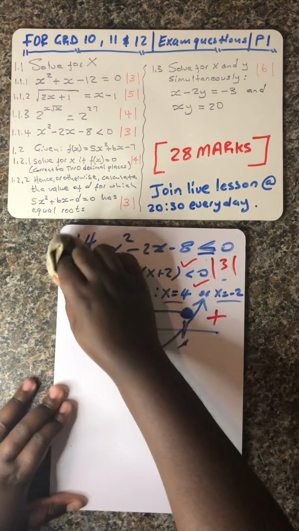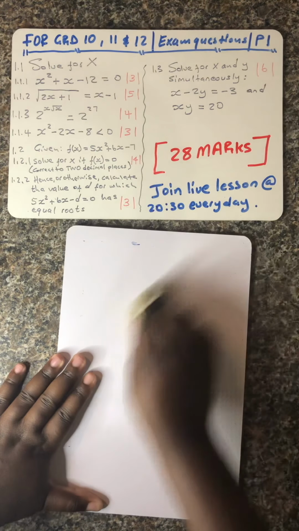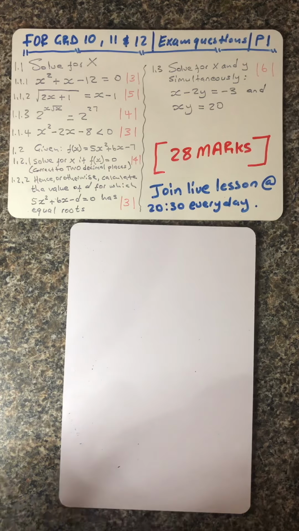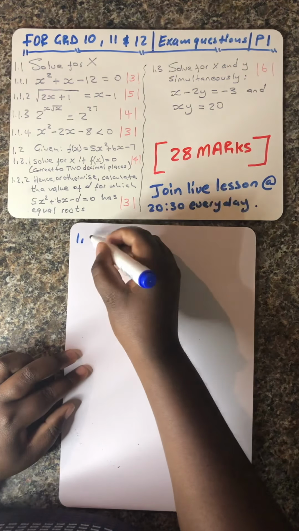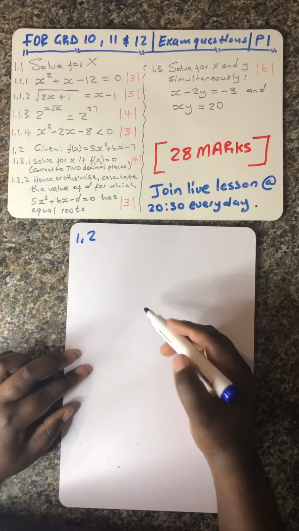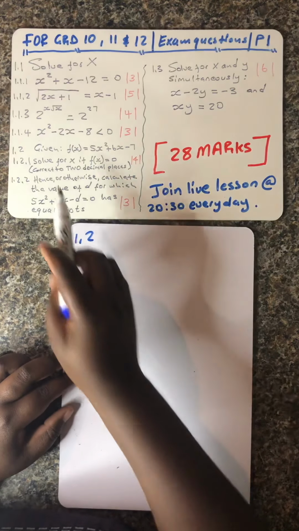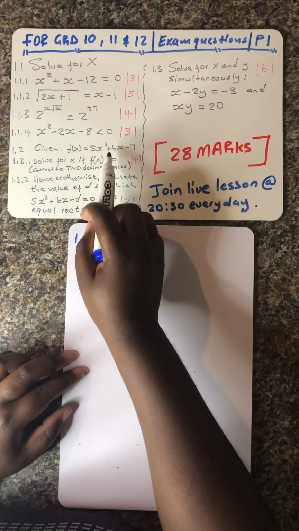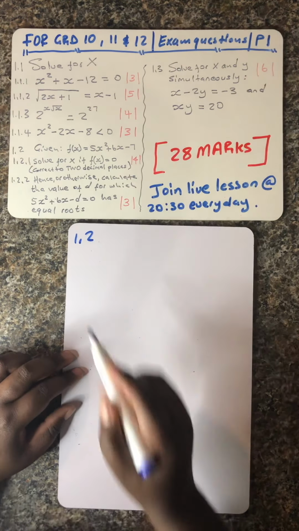So I assume you're now fully ready for the next question, guys. So the next question, it's 1.2. Okay, so I'll just read the statement there. They're saying given f of x is equals to 5x squared plus 6x minus 7.